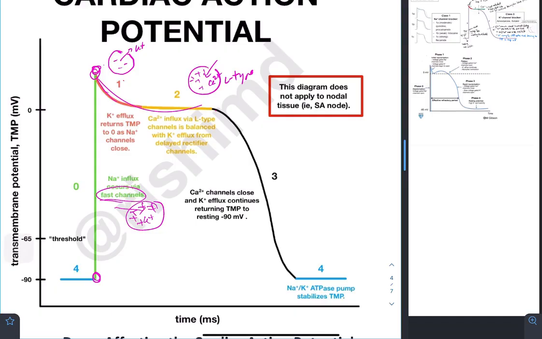At some point, we have already finished phase 0, phase 1, and phase 2, where the calcium rushes in to balance out the potassium rushing out. At some point in here, you will see a drop in the membrane potential because the calcium channel eventually closes.